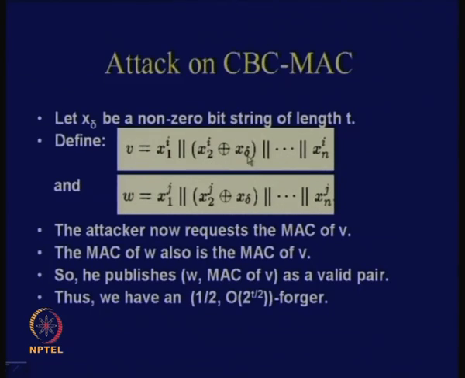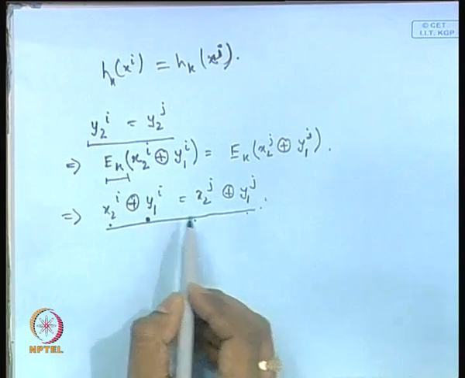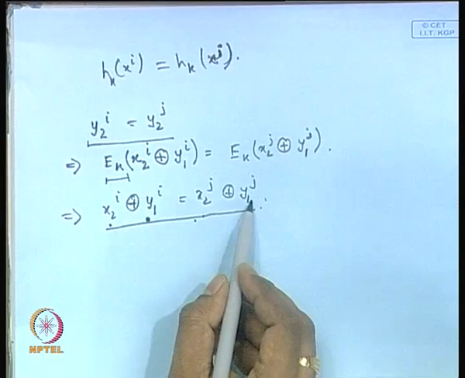Okay. So, now the attacker asks for the corresponding MAC of v. Now, from v you can make a w, which is nothing but only the x2j value XORed with x delta, right. Note one thing, that the MAC of v and MAC of w are same. Why? Because of this particular requirement: x2i XORed with y1i equal to x2j XORed with y1j, right.